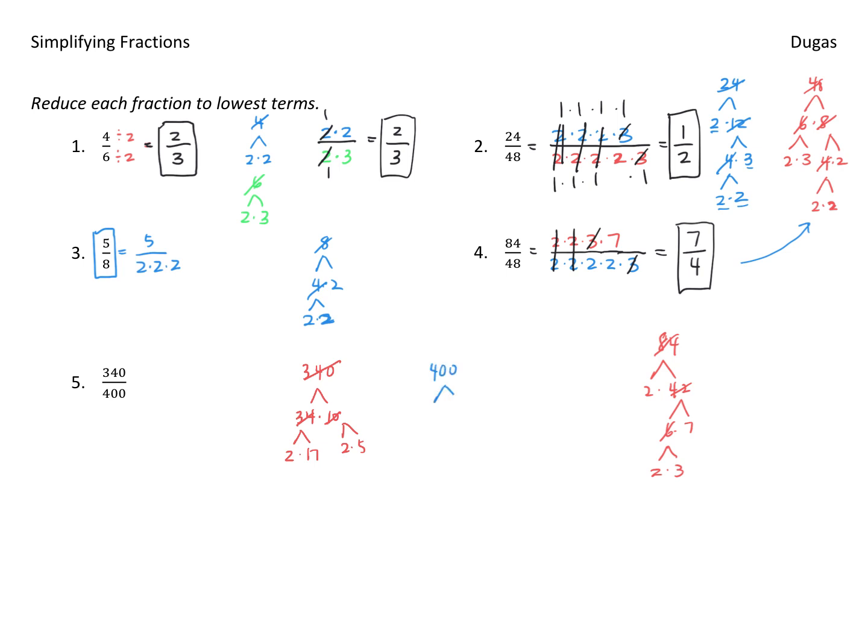So 400 is 4 times 100. 4 is 2 times 2. 100 is 10 times 10. And then each 10 will break down into 2 times 5. So we will have 2 times 2 times 5 times 17 on top. And on the bottom, it looks like we have 4 2s and 2 5s.